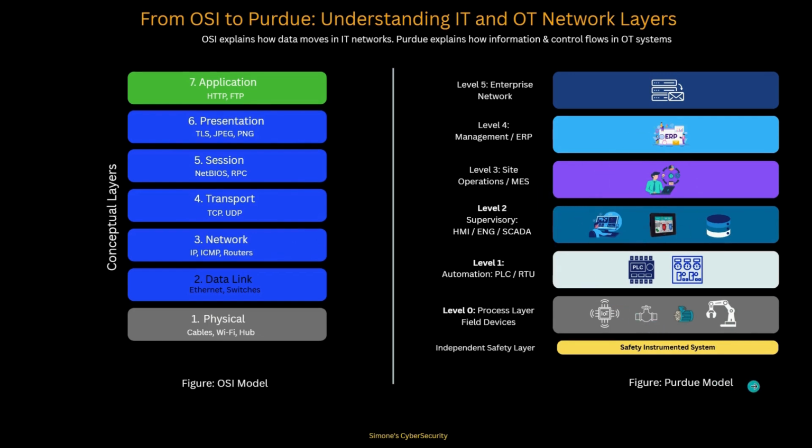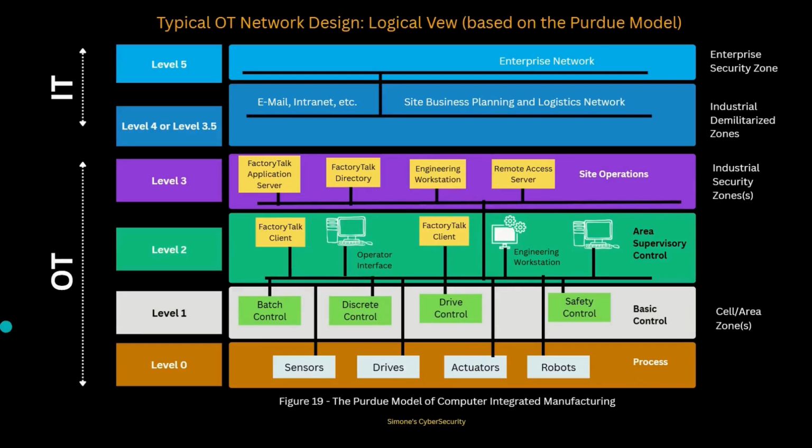So now that we have understood the Purdue model conceptually, let's see what it looks like in a real-world network on the next slide. So on the screen here, I'm showing you the Purdue model representing the OT network. Now, unlike the previous diagram where we looked at the different layers of control, from enterprise systems all the way down to field devices, this diagram goes one step further.